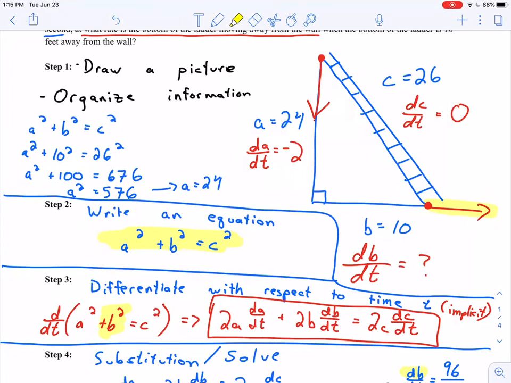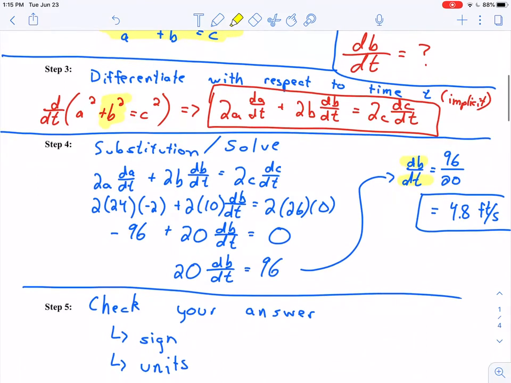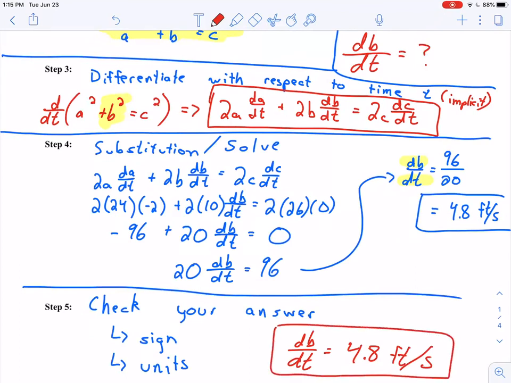Feet per second here, that's describing the rate of change of b with respect to time. So feet per second, yeah, I think that makes sense. So dB over dt equals 4.8 feet per second seems like a very reasonable answer.